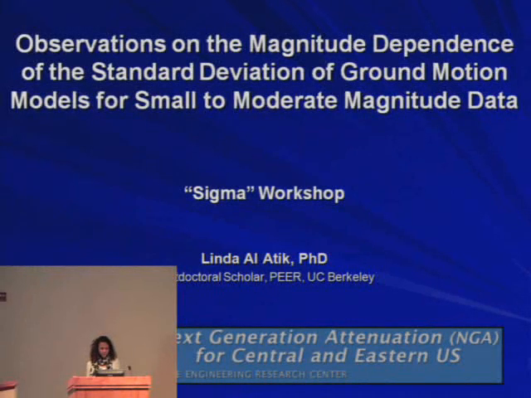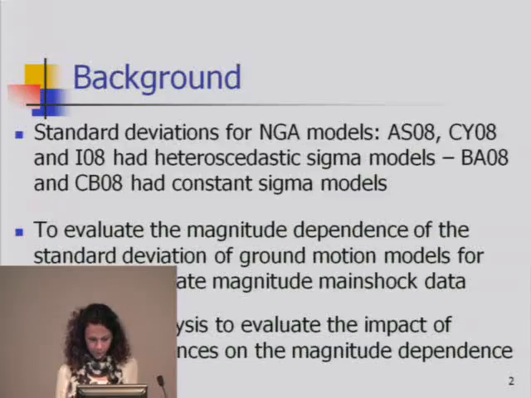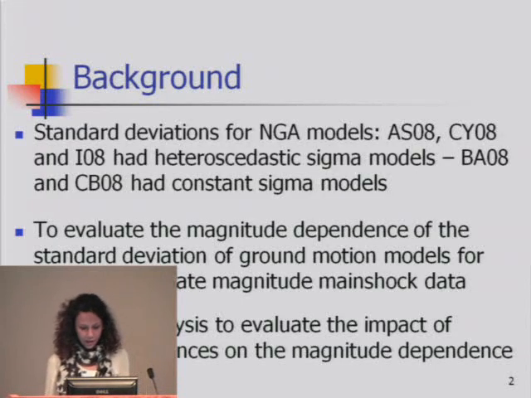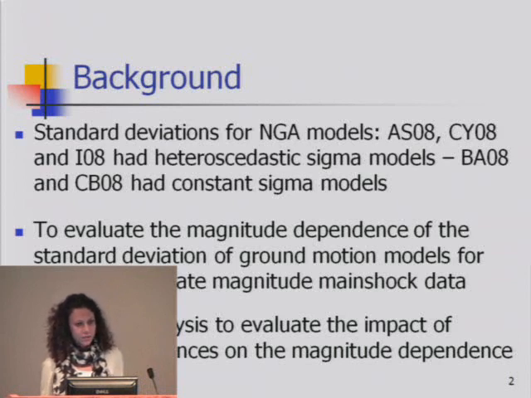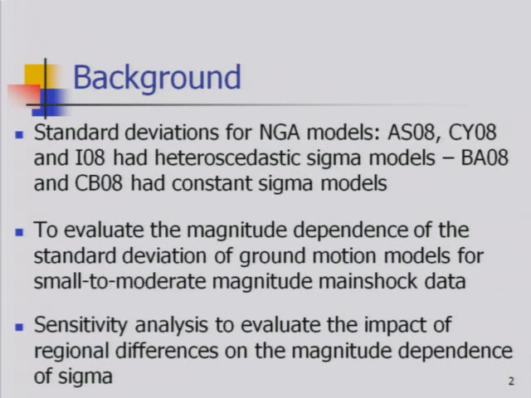dependence of the standard deviation of ground motion models for small to moderate magnitude data. As Norm mentioned, in the 2008 next generation attenuation models, some of the models had magnitude dependent sigma, like Abrahamson and Silva, Chiou and Youngs, and Idriss, while Boore and Atkinson and Campbell and Bozorgnia had constant sigma models. It was thought that this magnitude dependence in some of the NGA models was the result of including aftershocks in the data set.